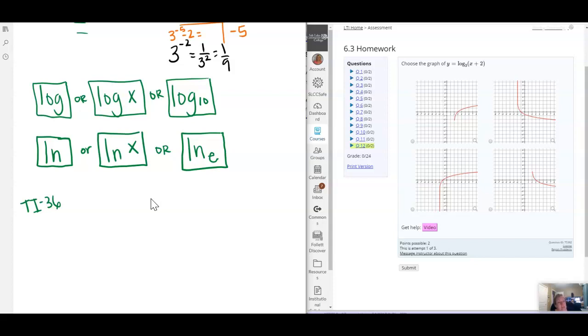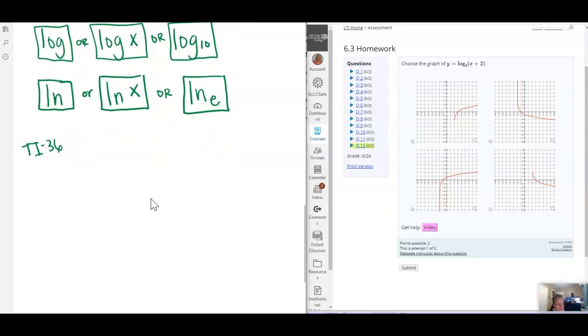So I want everybody to try and do a couple of these, now that you found that button. And on all of these, I want you to round your answer to 4 decimal places.